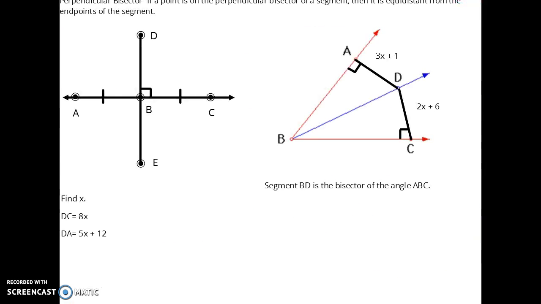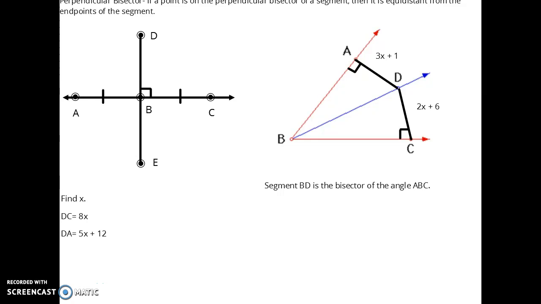All right, let's talk about perpendicular bisectors for a moment. A perpendicular bisector is a line that cuts in half another line or a segment. And then the angles around that line, the central point or the connecting point, are at 90 degrees.